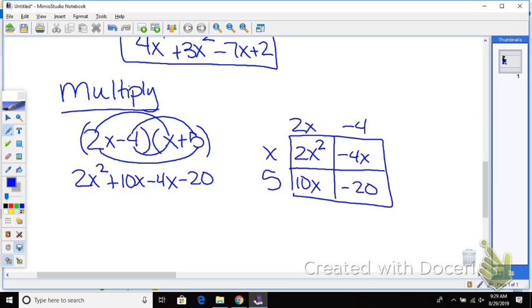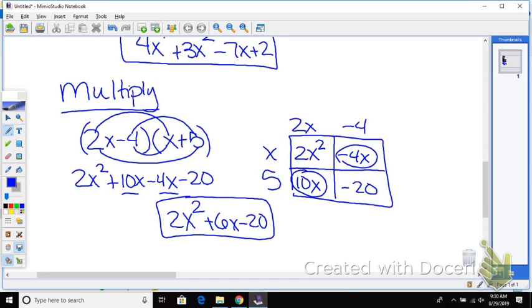So when you combine together the x's, I get 2x squared plus 6x minus 20. So I don't care what method you do. I will say if we get more than 2 terms that you're multiplying, I always go to the box method. But when I have 2, I FOIL. And it's up to you what your brain thinks like.